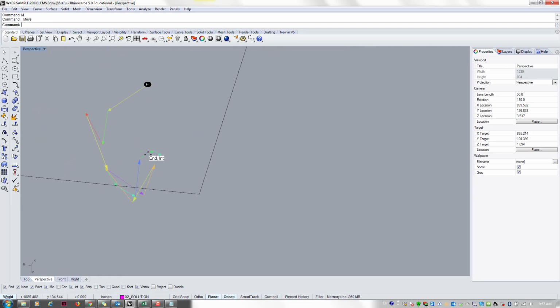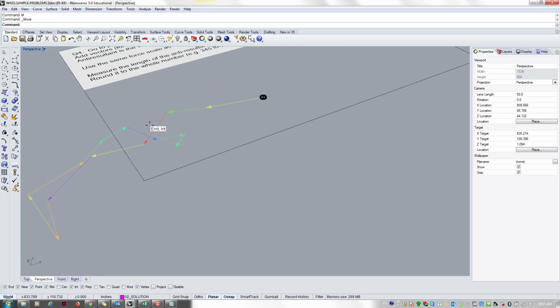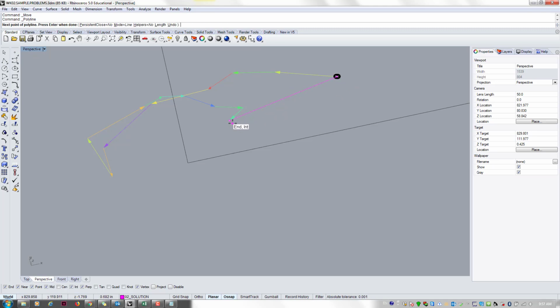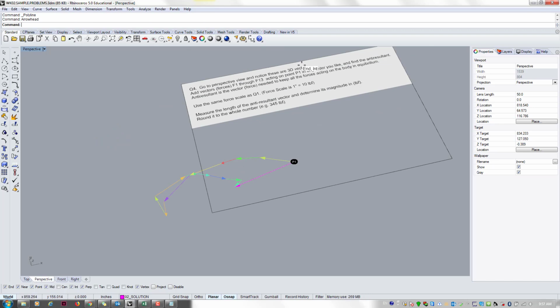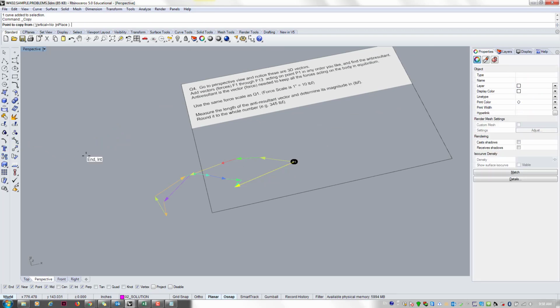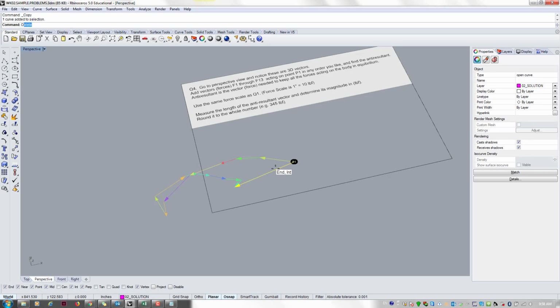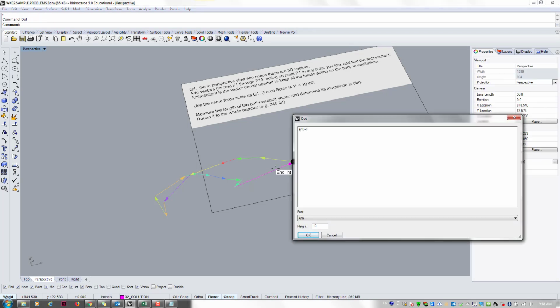How you add it up, the order doesn't really matter. The resultant would be going from here to the endpoint. But in the problem, I'm asking for an anti-resultant, so let's just flip this. That's the anti-resultant.